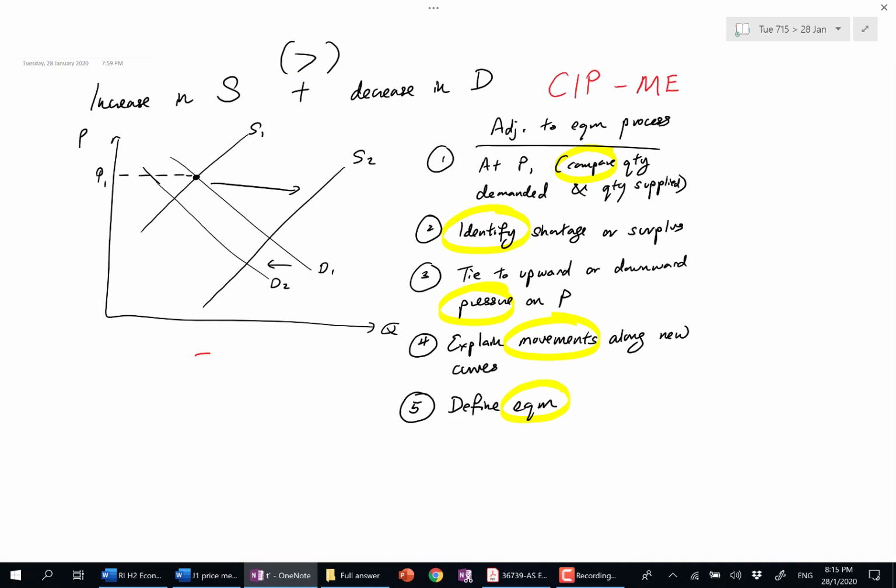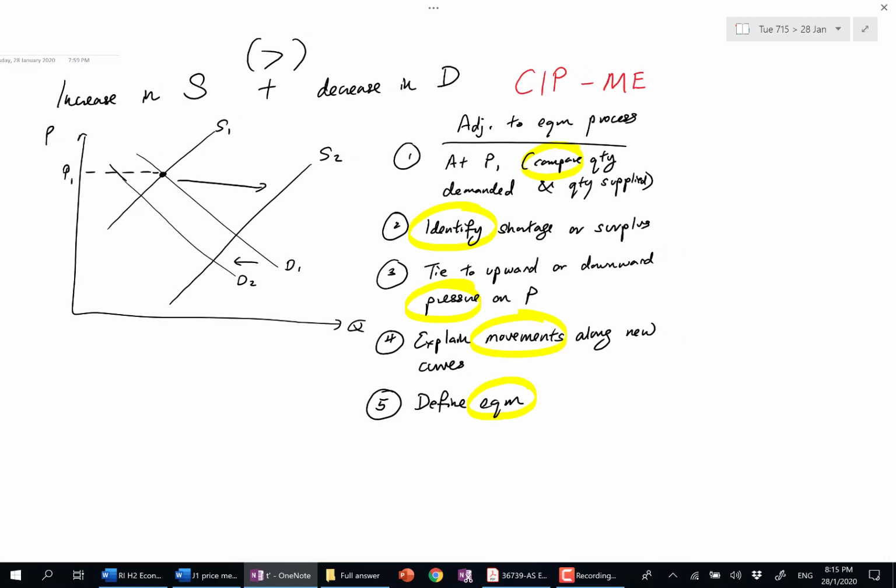Okay, so when this happens, we will say at original price of P1, the old price of P1, your quantity supplied is here. You put big Q, small q, doesn't matter. Then quantity demanded is here. Do you get the correct one?